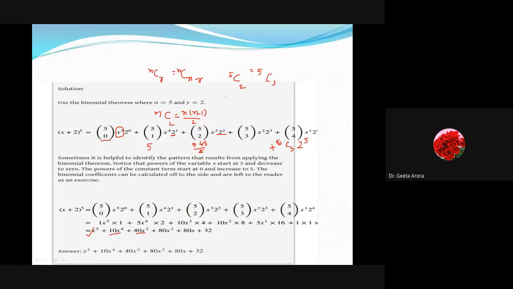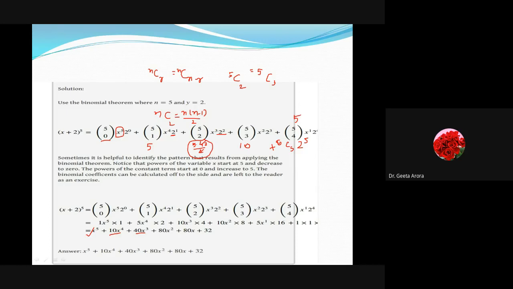If I have 5C2 as r, then it is same as 5C3. It means here we are getting the value 10 by simplification, so it is also 10. If we are getting 5C4, it is same as 5C1. It means it is 5.